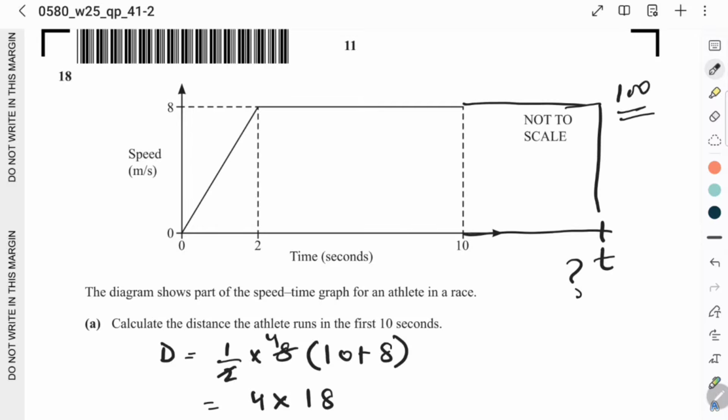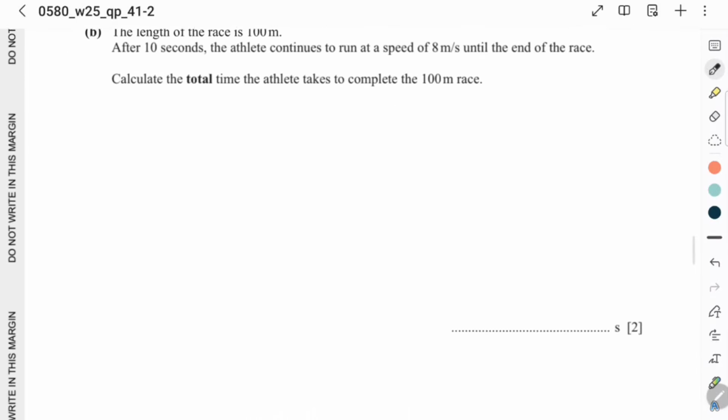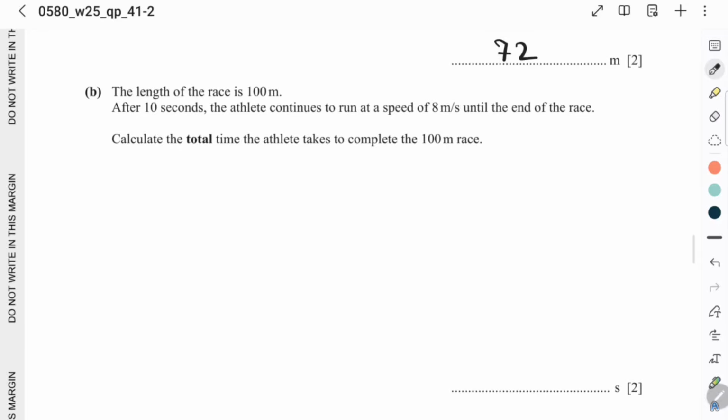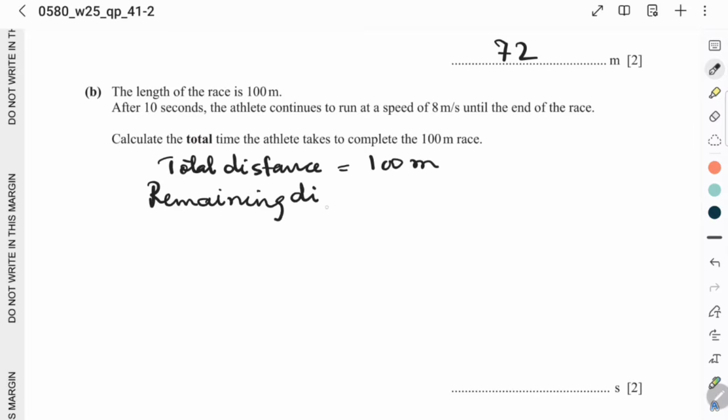So how much is the remaining distance when we have already traveled 72? The total distance is 100 meters, and the remaining distance is 100 minus 72, which equals 28 meters.